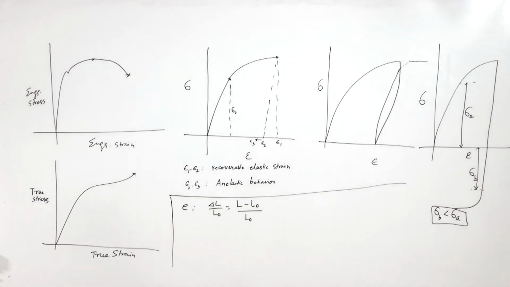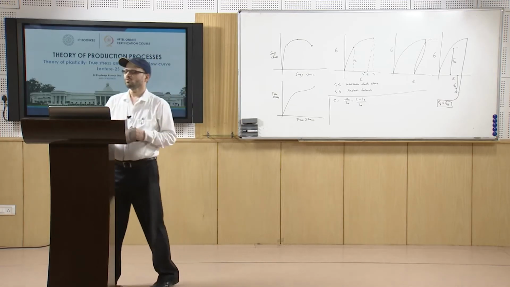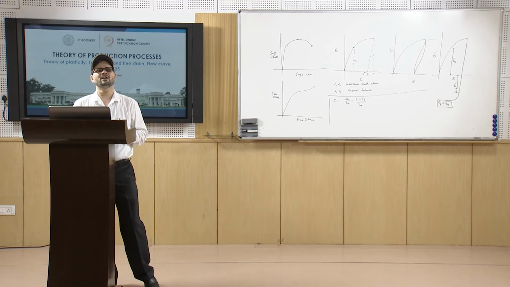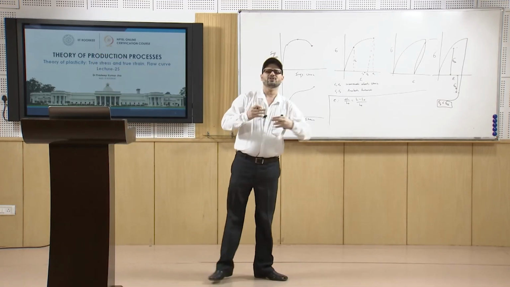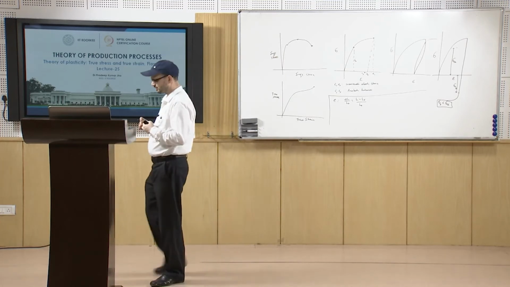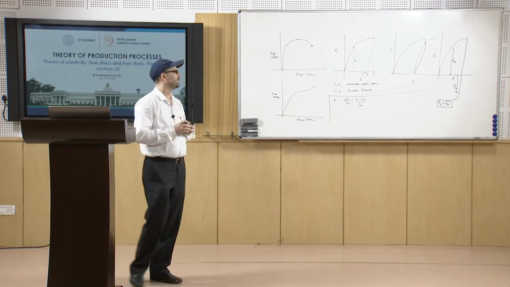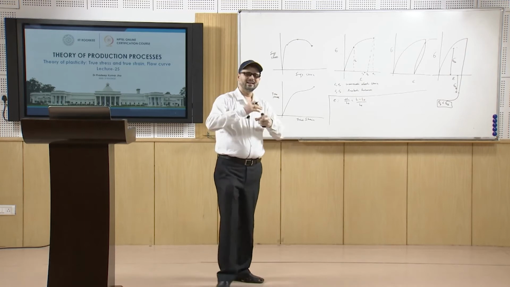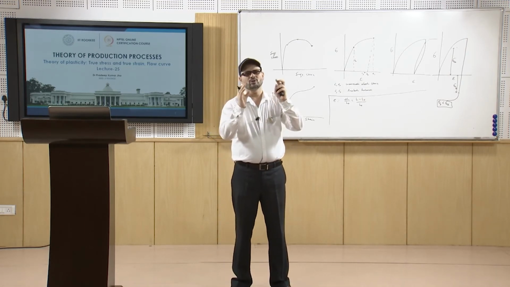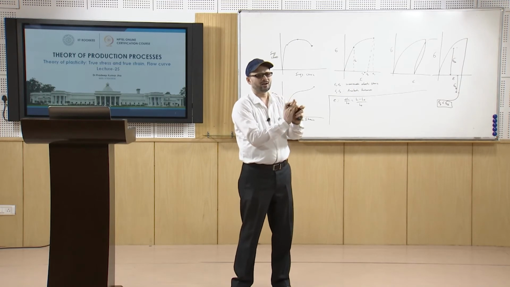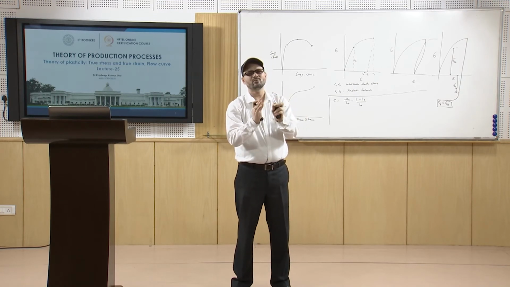Now when we talk about true strain, it will be basically change in length by original length, but the length is every time changing. This time you have gone from L naught to L1, next time L1 to L2.